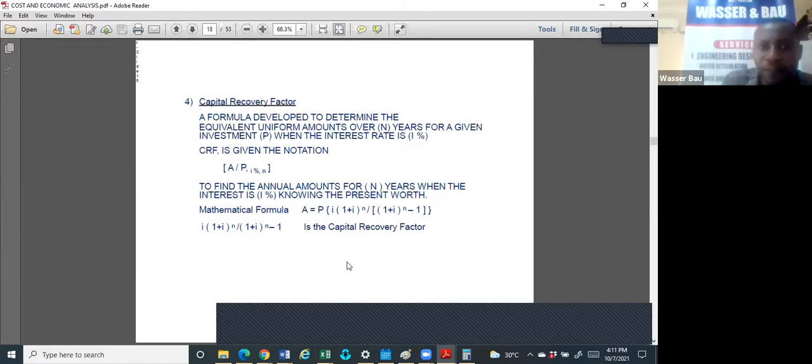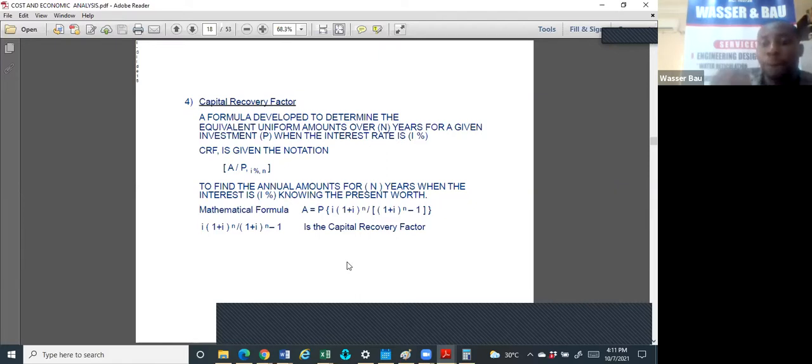So the next one is what we call capital recovery. What is capital recovery? You want to buy a car and you don't have all the money, and the dealer says, just like what they do in Europe, okay, since you don't have all the money, you're a government worker with a salary, you can be paying me some amount of money every year to pay back the cost of the car in so many years.